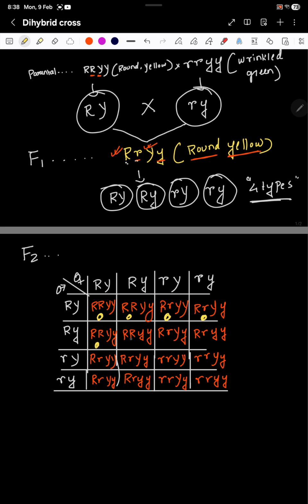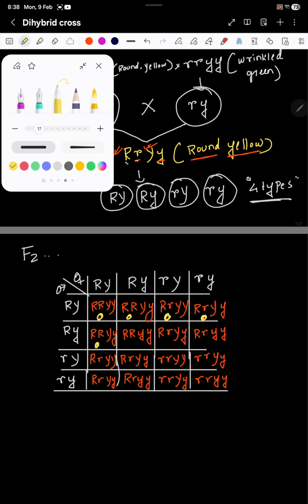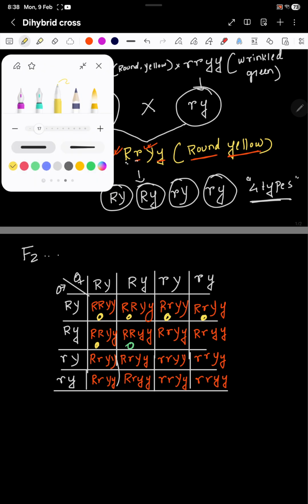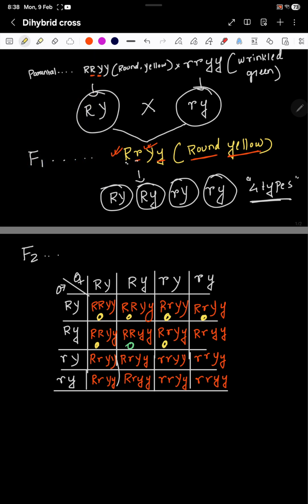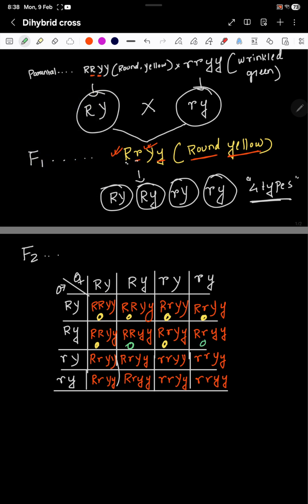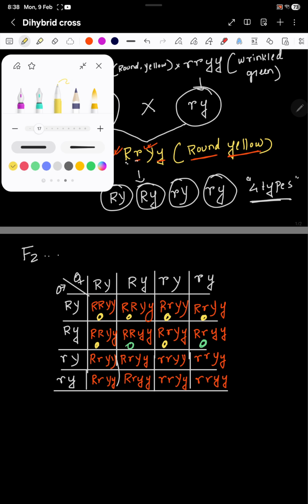Now, but in this case, it will be round but green. Okay, see, round green phenotype. This is again round yellow. Now again round green. See, this is the round green. Now what will be this? This is again round yellow.